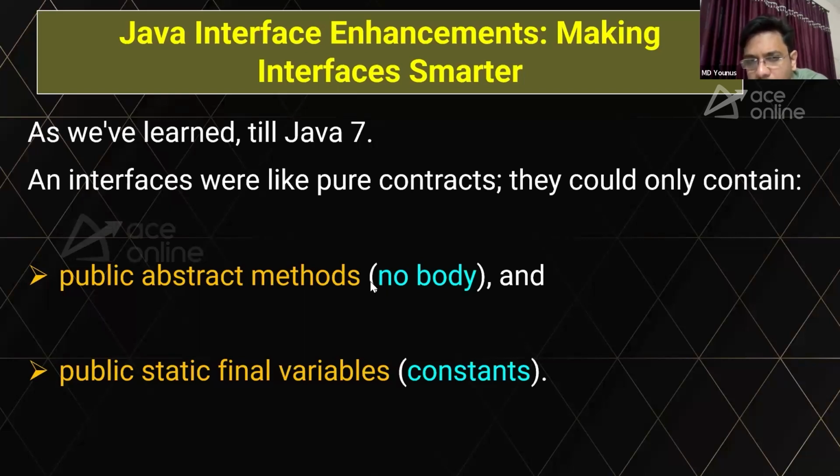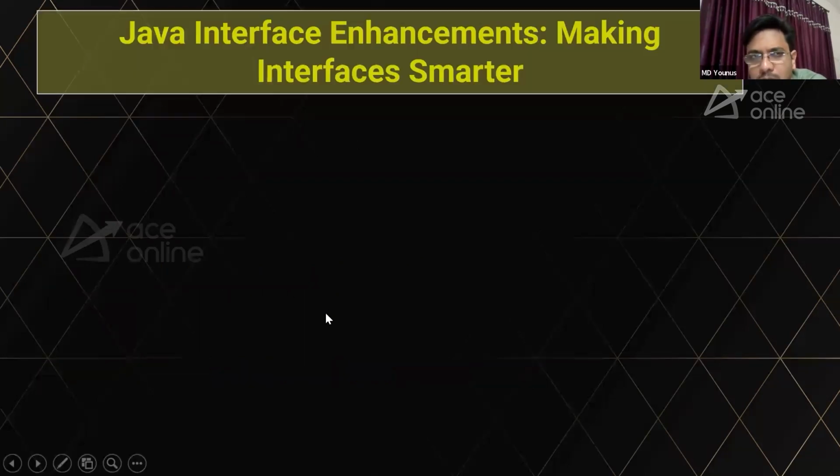We have seen in our implementation as well, when I try to provide the body or the implementation of my method inside the interface, we got an error. You cannot have a method with the implementation because the methods in the interfaces will be by default abstract. We have also seen a couple of examples to understand.